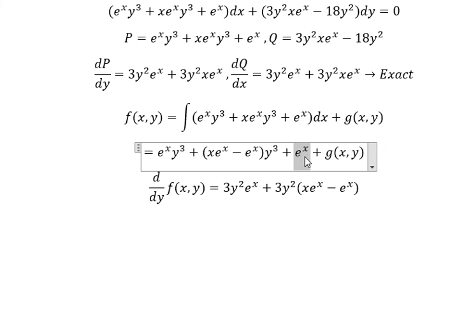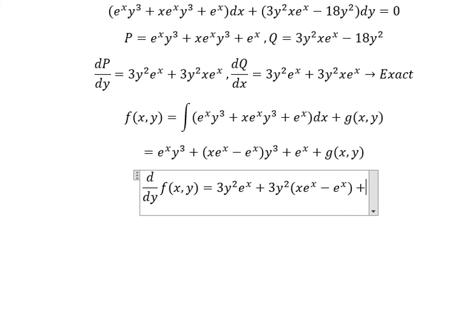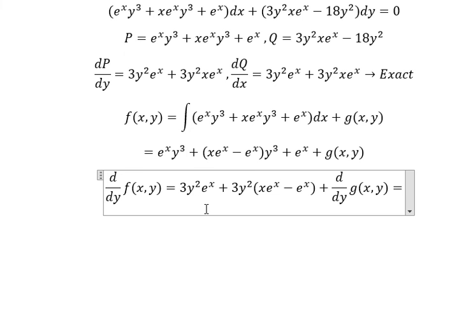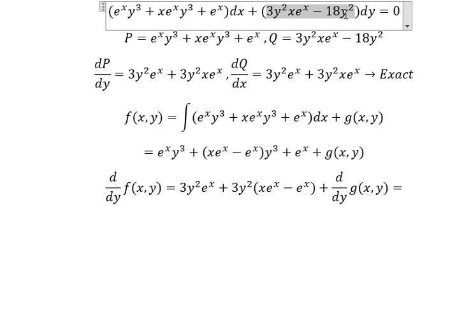This one we don't have y, so you got 0. And we have d over dy 3xy. And we know that this one is similar with this one in here.